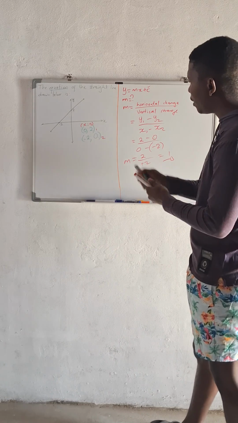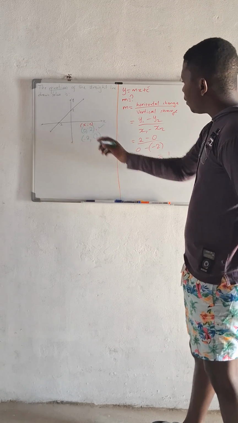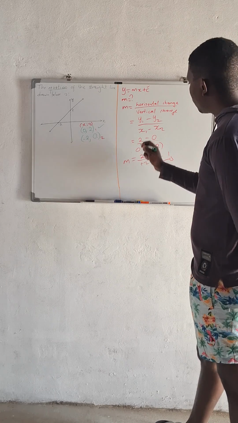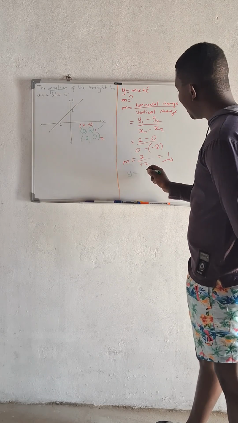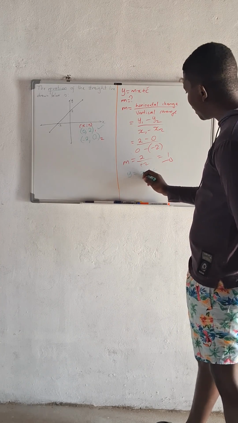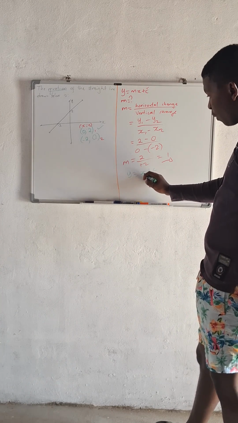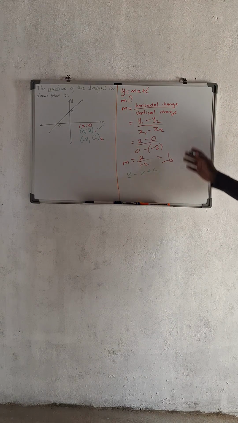So now, I'm going to choose the first coordinate, which is (0, 2). So I'm writing my equation here. y is equal to, I already know that the gradient is 1, so it's x plus c. I'm not writing the 1, it's there though. It's 1x. As you can see, it's only 1x, so we don't write the 1, it's invisible.